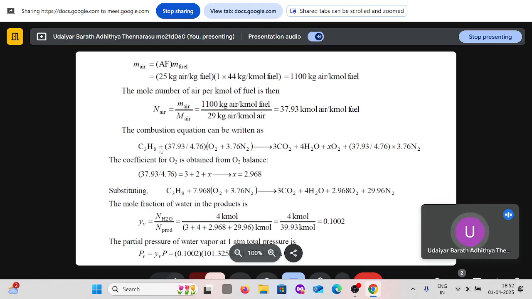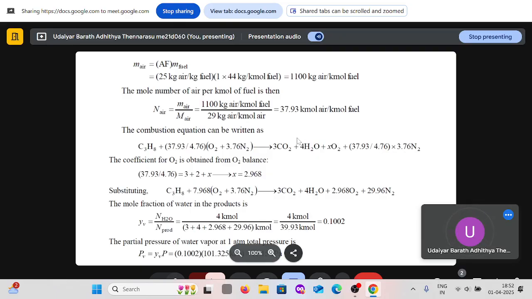So your expression will be 1 mole of propane. Here we are assuming air, and air contains 4.76 moles in total, 1 of oxygen and 3.76 of nitrogen, so we have to divide by 4.76. So 1 mole of propane reacts with 37.93 divided by 4.76 times oxygen plus 3.76 times nitrogen, to form 3 CO2 plus 4 H2O plus X O2 plus 37.93 divided by 4.76 times 3.76 nitrogen.